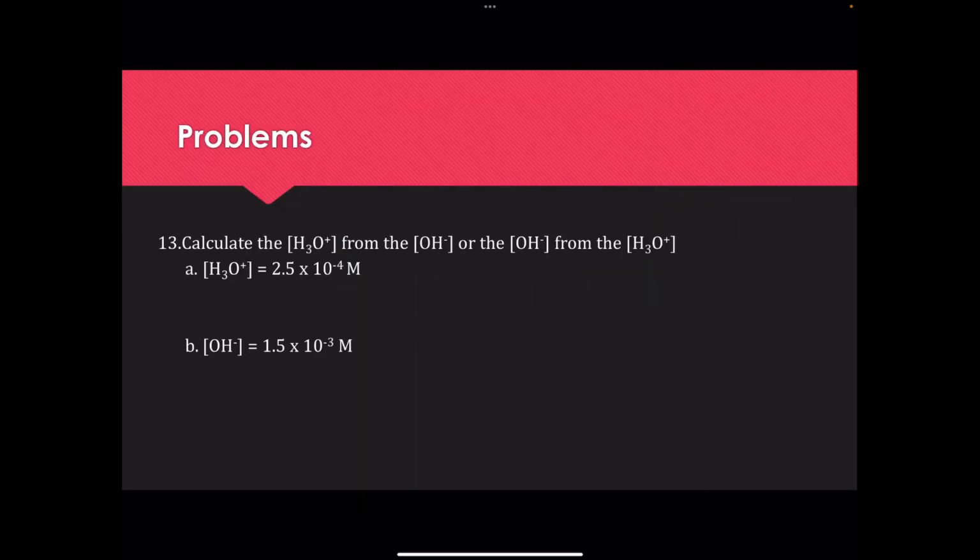So for our remaining problems, we're going to continue to do the same thing. We're converting back and forth between these values. Here we've got the hydronium concentration, and we're asked to calculate the hydroxide. And in part B, we've got hydroxide, and we're asked to calculate hydronium. So they're all related through that Kw equation. Hydronium times hydroxide equals 1 times 10 to the negative 14th.